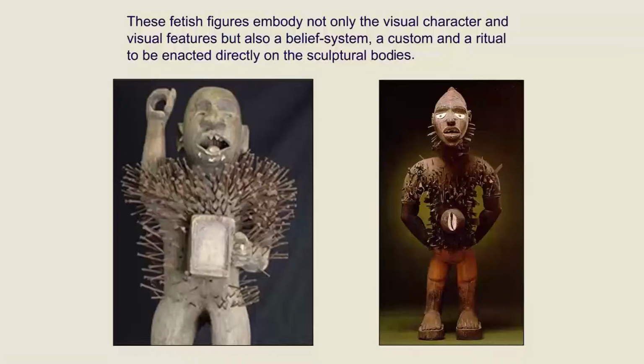So obviously the visual perception that we are talking about in the context of primitive art has a lot to share with the belief system, with certain superstitions maybe, with some religious systems, with some religious customs, and that alters, changes, shapes your visual perception. So what looks like a weird body full of nails is actually a fetish figure, where some kind of belief system has been enacted upon already.